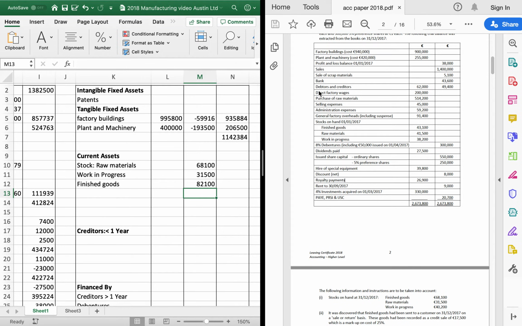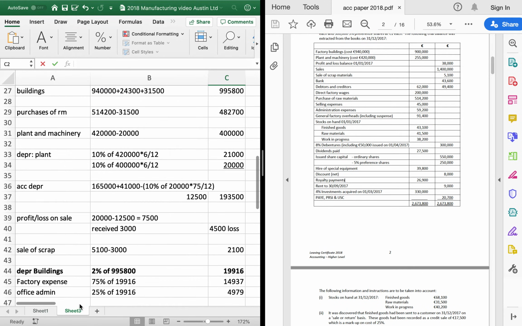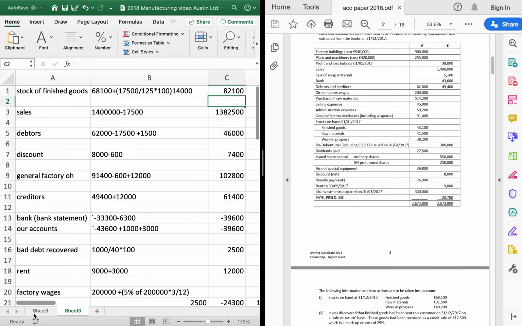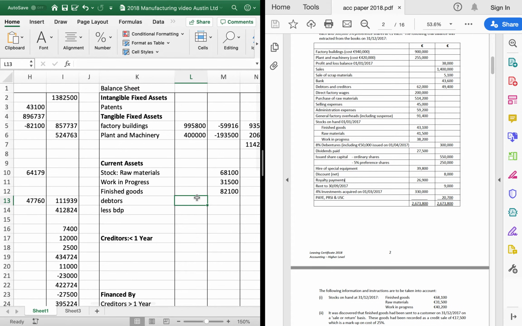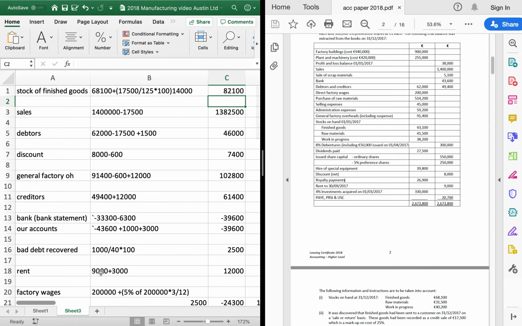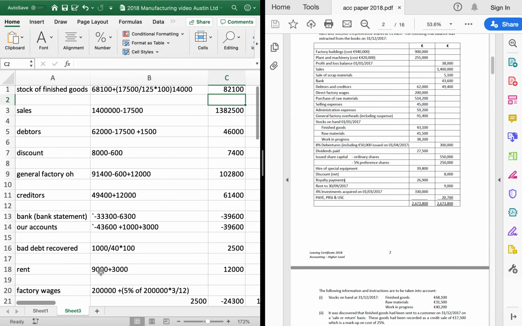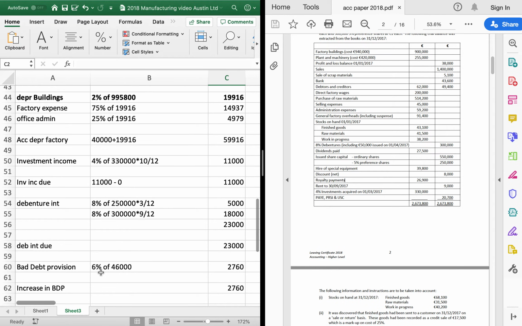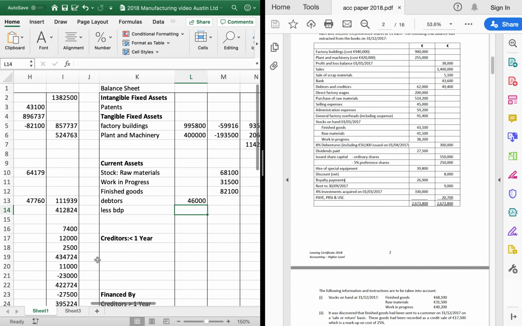We're looking for any other current assets. So we've got debtors. Now we know debtors has changed, and it's also less BDP. So debtors is 46,000, and the bad debt provision is right down at the bottom, 2,760.